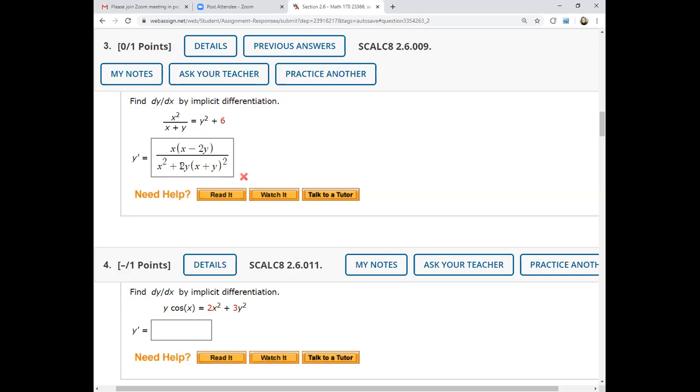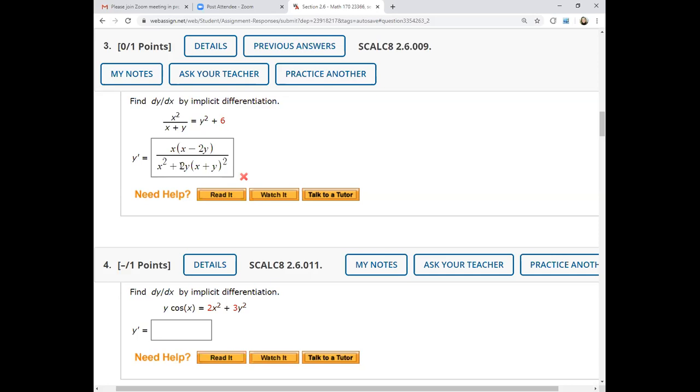Let me try moving the y squared over and getting a common denominator first and see if I get a different answer from that. I should get an equivalent version of it, but let me see if that helps me find the mistake. X squared times x plus y minus y squared over 1 is equal to 6.